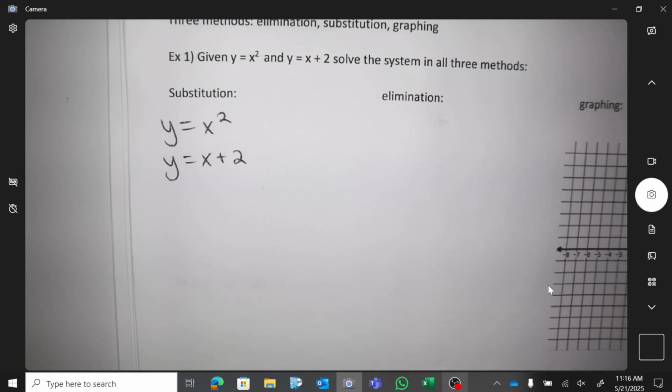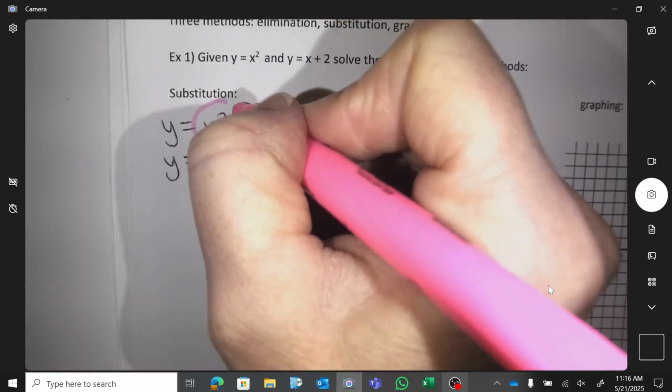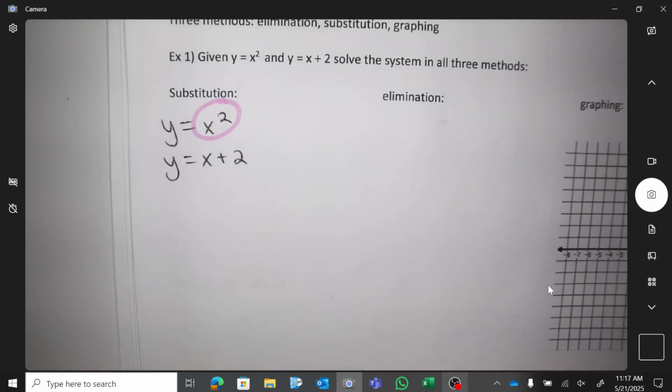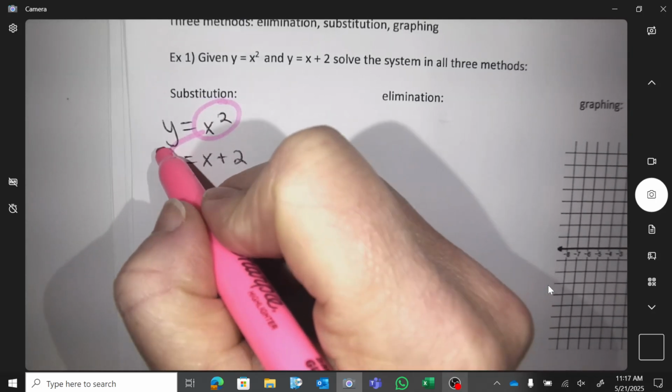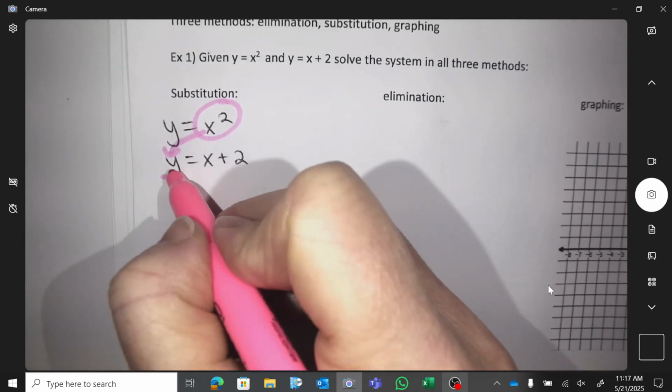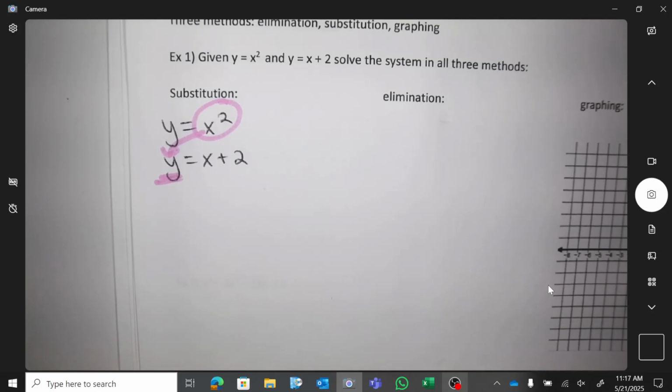We've got quadratics in here and linears in here. Okay, so substitution. Here's my idea. If y is equal to x squared, can I go in here and replace that y? Does that make sense? You can take any equivalent and make a replacement.